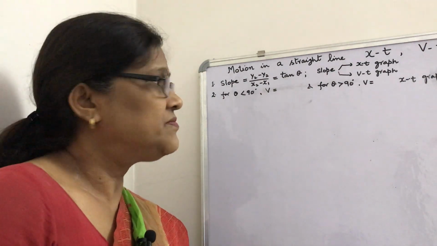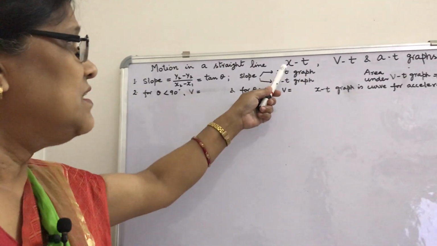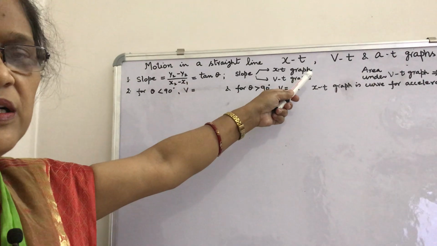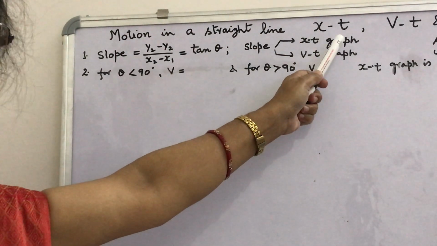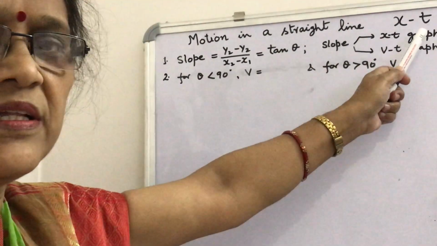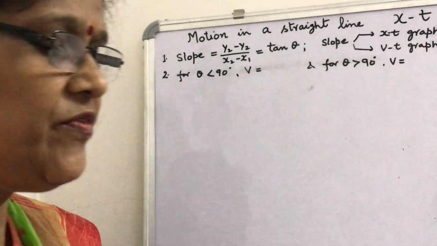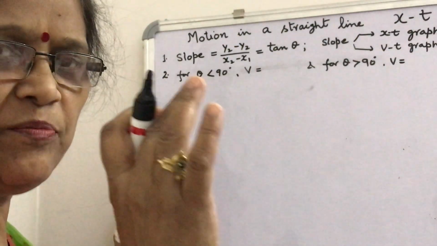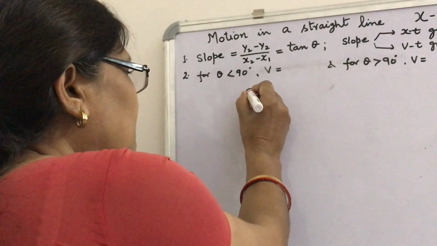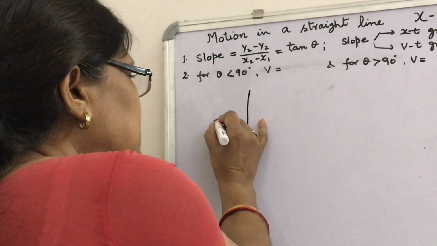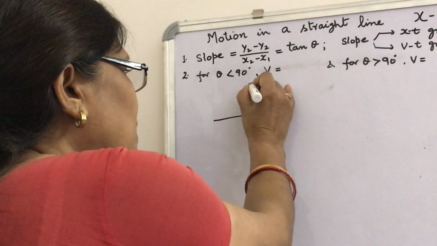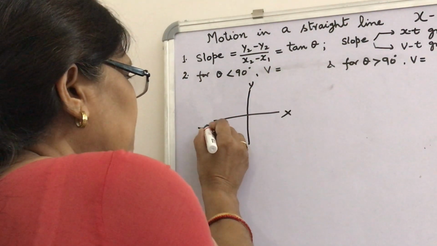Let us begin. First is the distance-time or position-time graph. In general, the position-time graph is written here. I would like to give you this from the very beginning, as you must be knowing that there are axes: this is plus x, plus y and this is minus x and minus y.